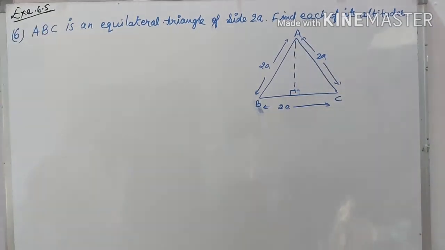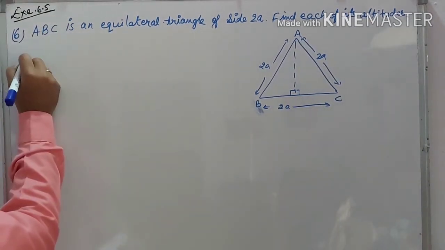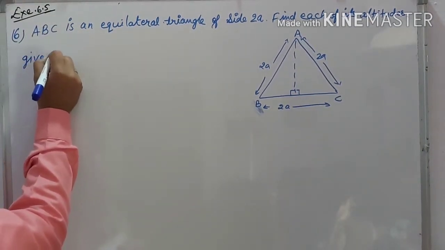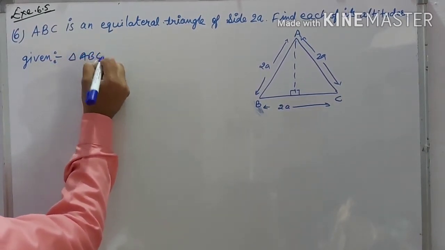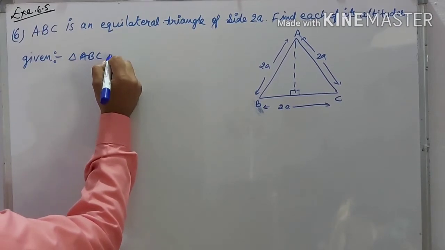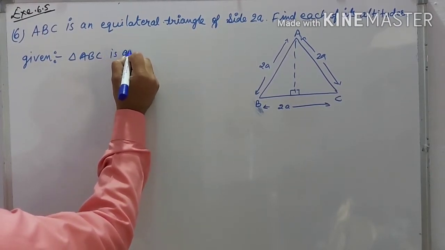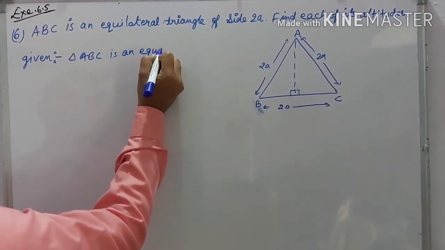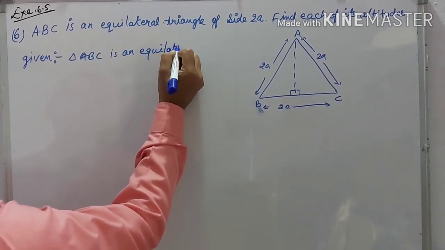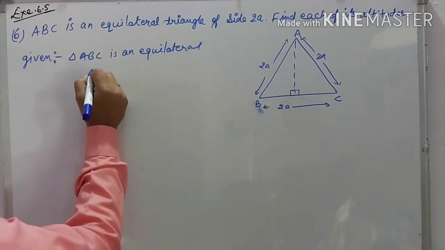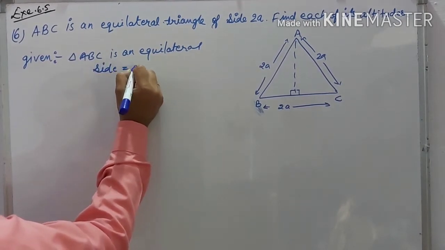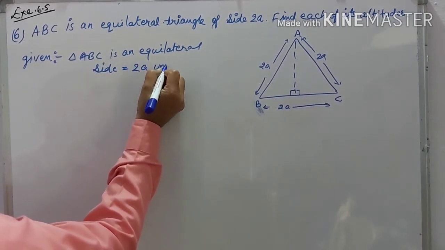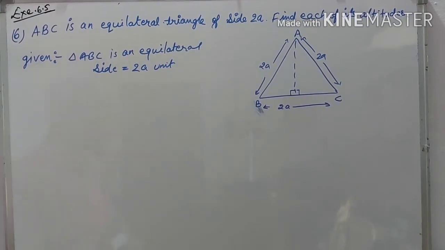Now, what is given? Triangle ABC is an equilateral triangle, and the side is equal to 2A units. And what is the construction?